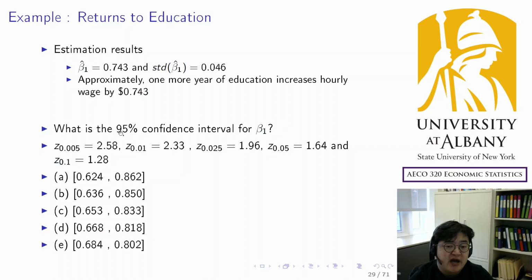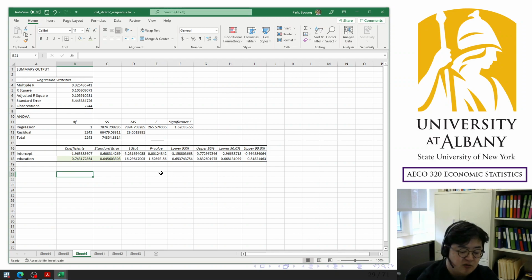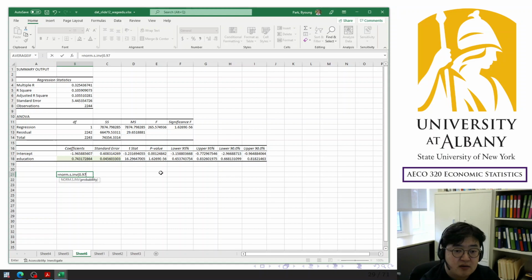Okay, so for the 95% confidence interval, the Z value is 1.96. You can also do that in Excel. Let me do it. First, I will calculate Z alpha over 2.